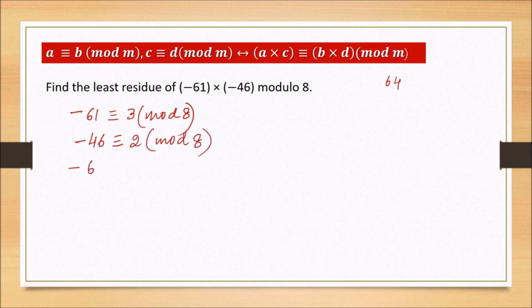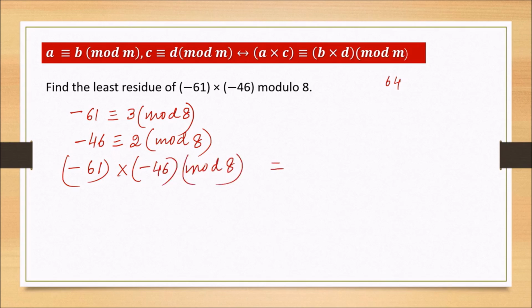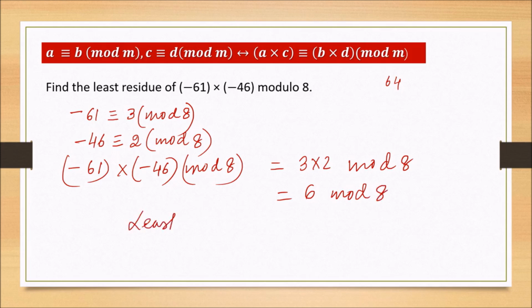So when I write negative 61 multiplied by negative 46 modulo 8, it is nothing but 3 times 2 modulo 8. So that will be 6 modulo 8. Least residue is 6.